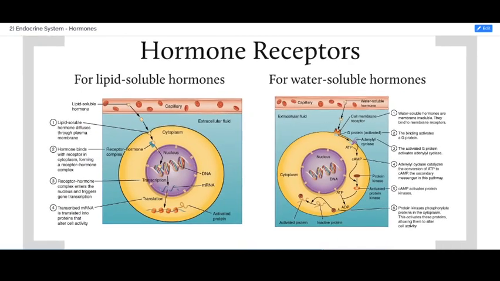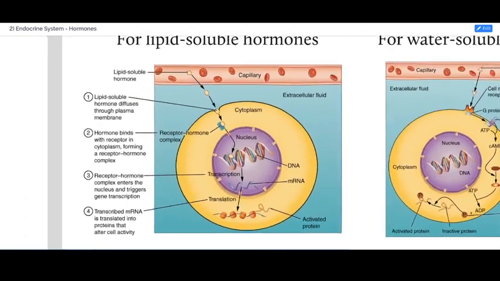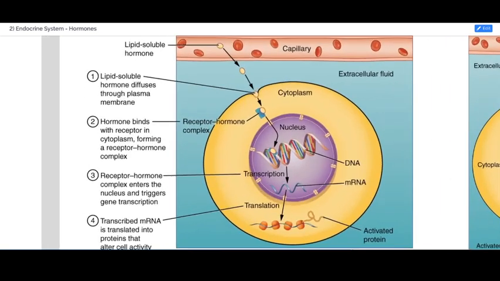These two figures represent the ways that lipid-soluble or water-soluble hormones interact with their receptors. In this picture representing lipid-soluble hormones, there is one thing to point out that's a little incorrect. The lipid-soluble hormone, represented by the yellow oval in the capillary, would of course be associated with the transport protein.